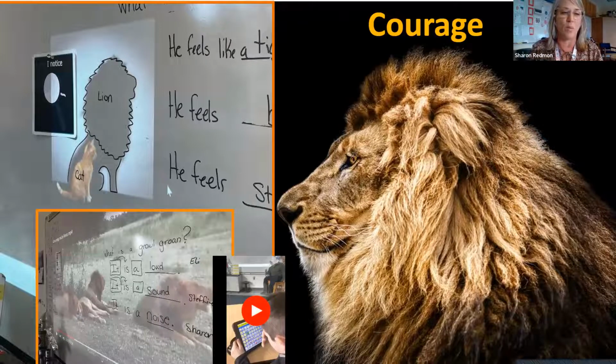So we looked at what is a growl and what is a groan, and we described some of that sound and how people feel. Then we also looked at this image of that little cat with the shadow of a lion, right? The cat is the cat, but he feels what? He feels big. He feels like a tiger.